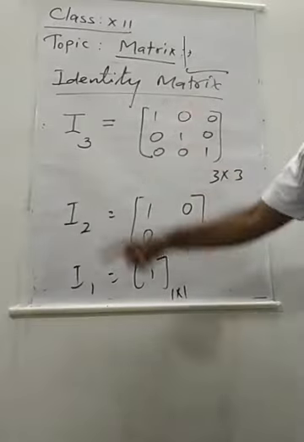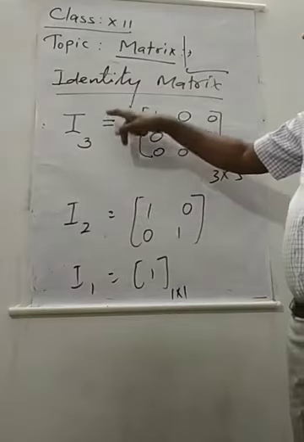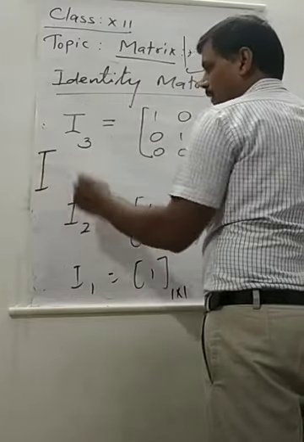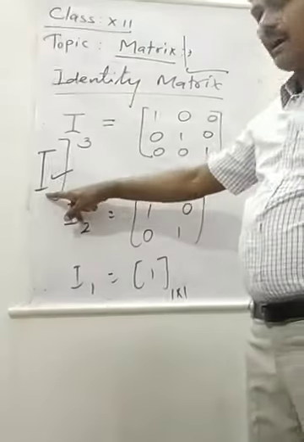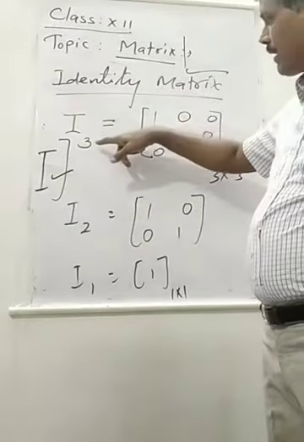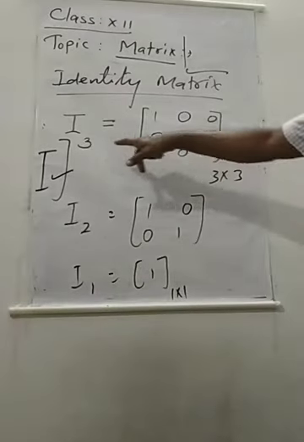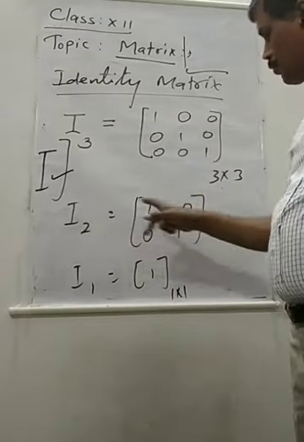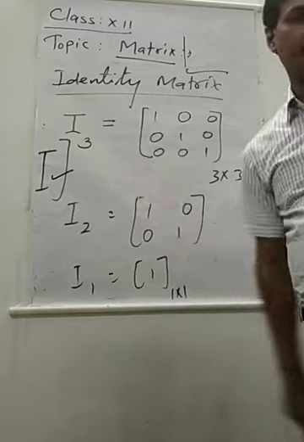So these are branches, means chain-wise all these things have been discussed. These I3, I1 and I2, all have the common name I. Identity matrices are usually represented by I for identity. Unit matrices also you can say them. Why have I written I3, I2, I1? Just to show their order. I3 means 3 by 3 order, I2 means 2 by 2 order identity matrix, I1 means 1 by 1 order identity matrix.